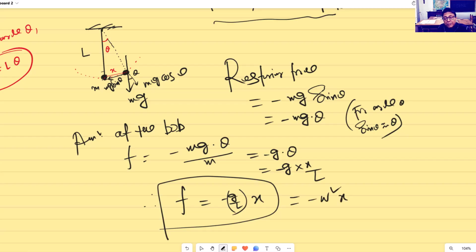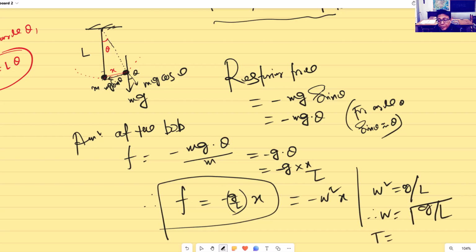This you write as minus omega square x. Omega square is g by L, so omega will be root g by L. Time period will be 2 pi by omega, that is 2 pi root over L by g.